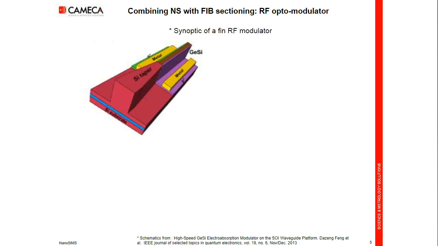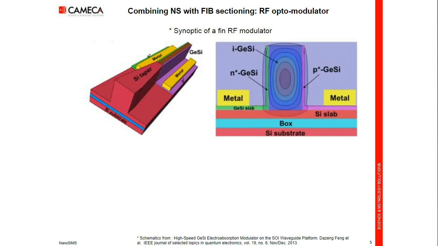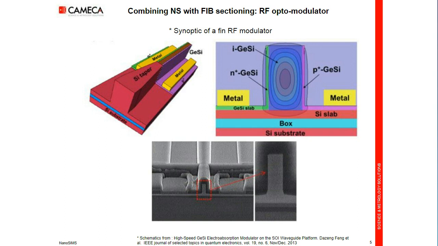Here is the schematic of an RF optomodulator, and the cross-section drawing shows silicon germanium technology with on each side dopant, so P plus on one side and N plus on the other side. When we see the cross-section, we think that this could be imaged by the NanoSIMS. This was done.